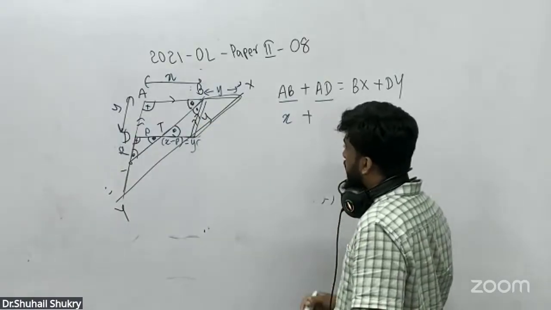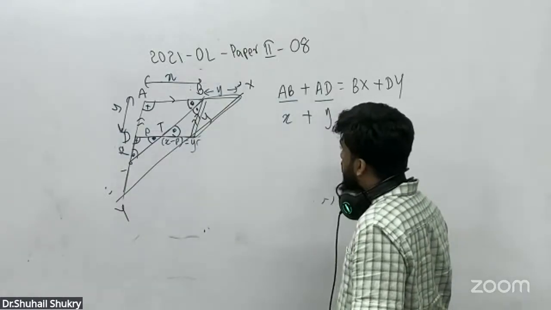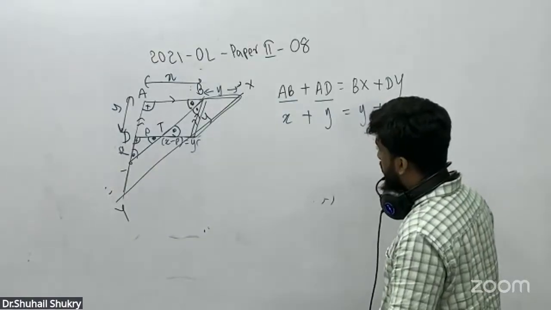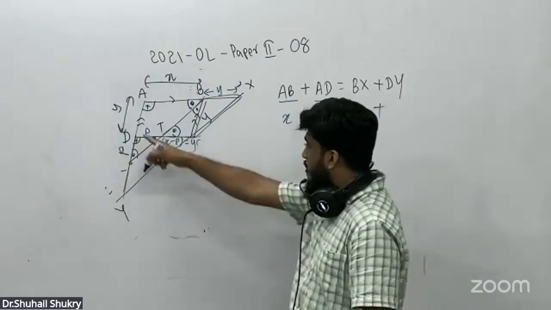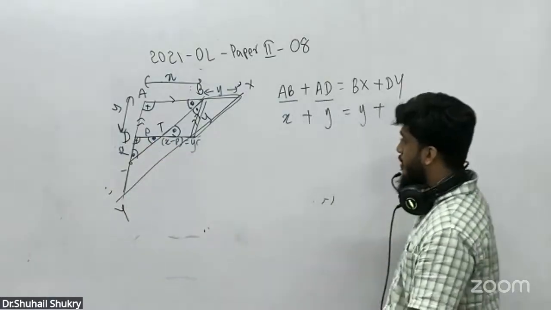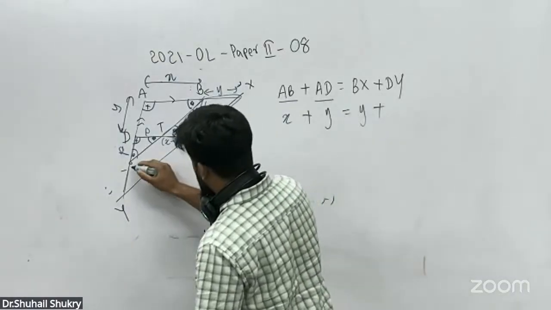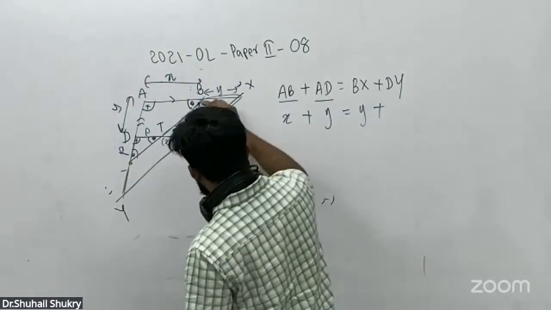For AD, where is AD? A to D. A to D we will put Y. BX is Y. DY? Where is DY? D to Y. Still D to Y only, we didn't get anything. Alright. But for D to Y, what is this?